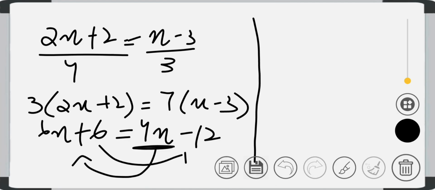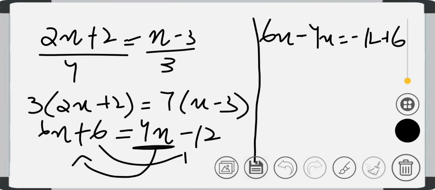So this becomes 6x minus 4x is equal to minus 12 minus 6.